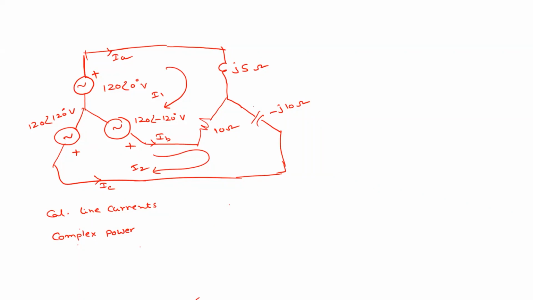Sir, 120 at an angle of 0 degrees, minus 120 at an angle minus 120 degrees, plus 120 at an angle 120 degrees, equal to j5 I1 plus 10 into (I1 minus I2). Yes, good. So this is equation 1.